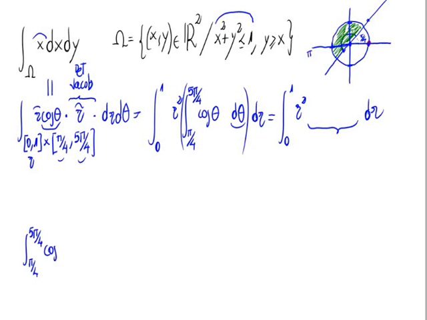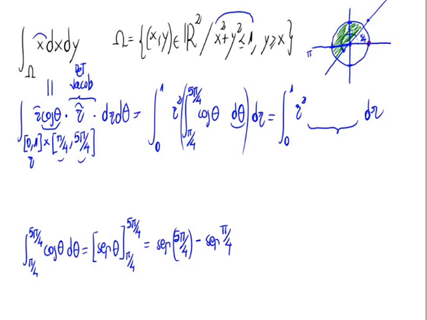And now let's calculate down here the integral of theta. That is very easy, it's just the integral from pi quarters to 5 pi quarters of the cosine of theta. The integral is the sine of theta between 5 pi quarters and pi quarters. So this is the same as the sine of 5 pi quarters minus the sine of pi quarters.